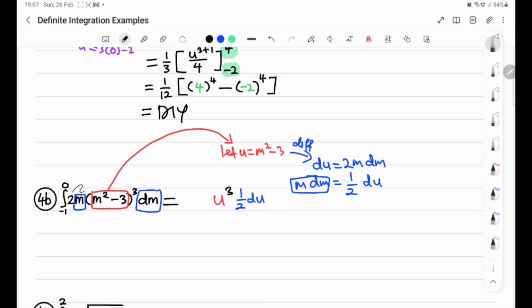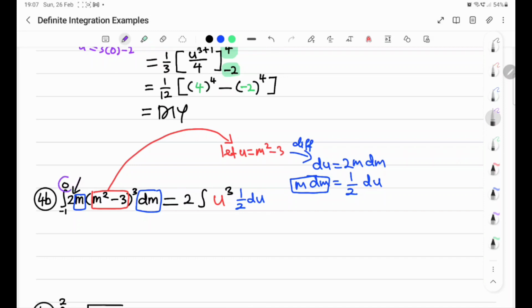And then what happens to this constant? Just put it outside the integration, and then the integration sign, and then 0 and minus 1. Don't forget, 0 and minus 1 are the values of x, so we have to change these as well.